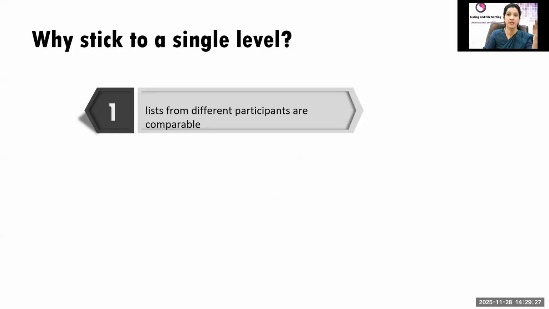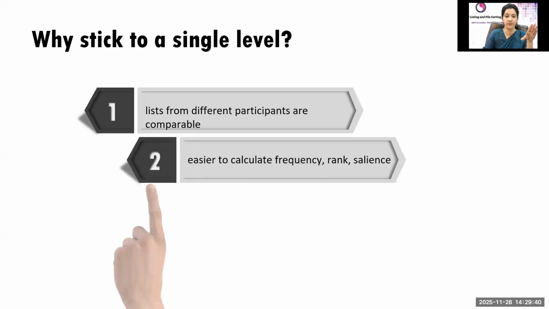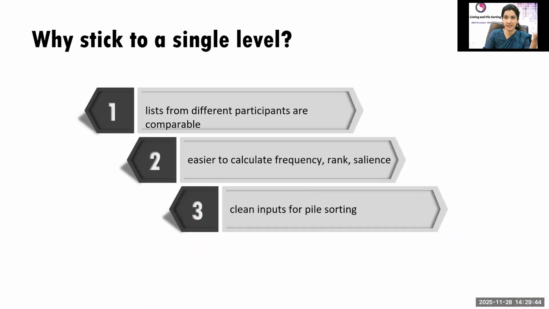Because the items from participants should be comparable: when you calculate the salience index and ranking, we can only rank items which are comparable with each other. It is also easier to calculate the frequency, rank, and salience index, and it gives you a clean input for the pile sorting.